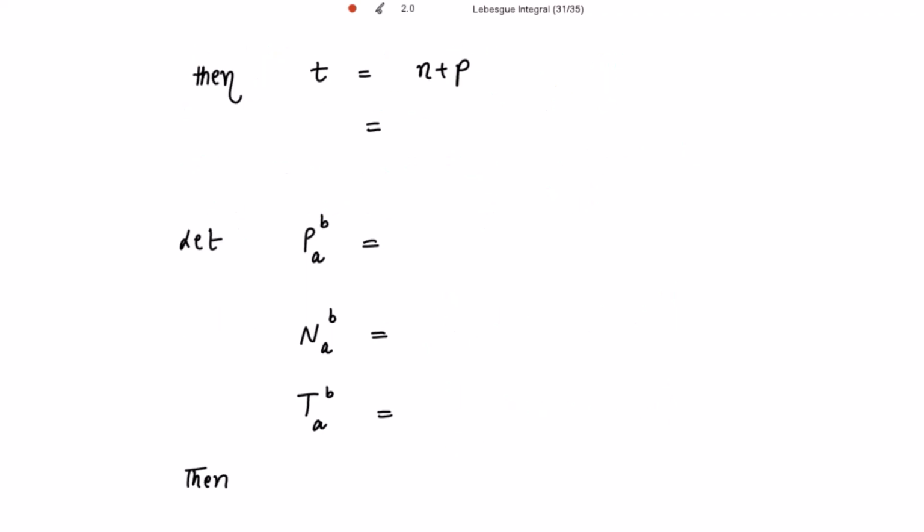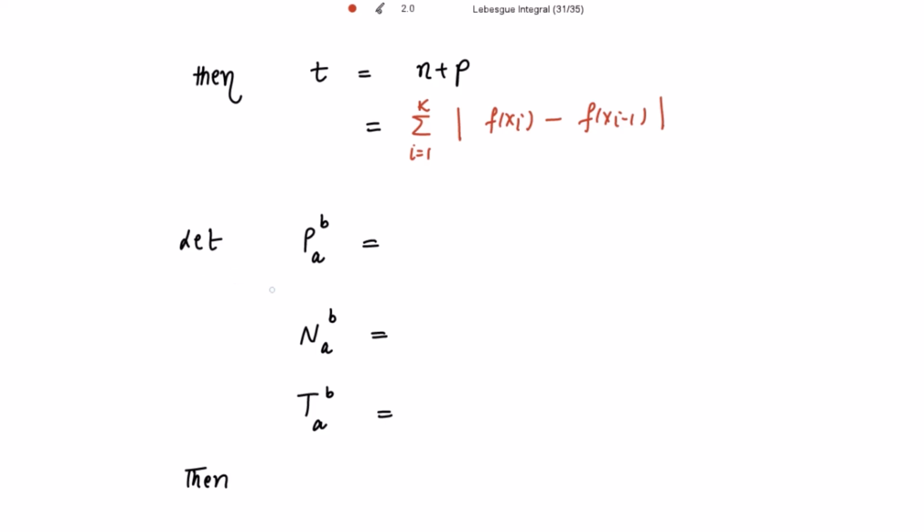And then what is t? It is the sum of n and p, so that is equal to the summation of the absolute value of f(xi) minus f(xi-1). It is a summation of the absolute value.